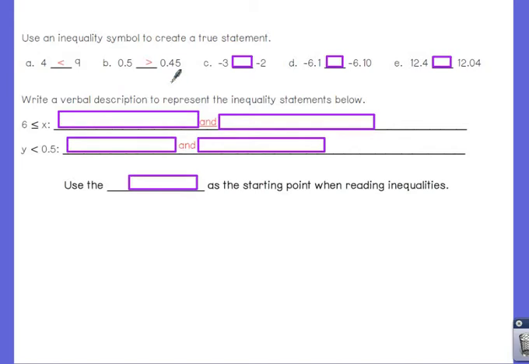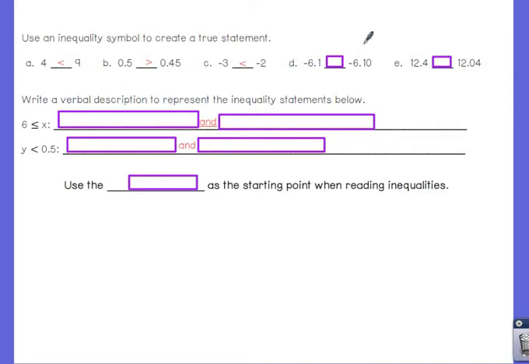C. Edison, what do you got? Less than. Is that correct? Yes, it is correct. D. Ninja? Equal to.